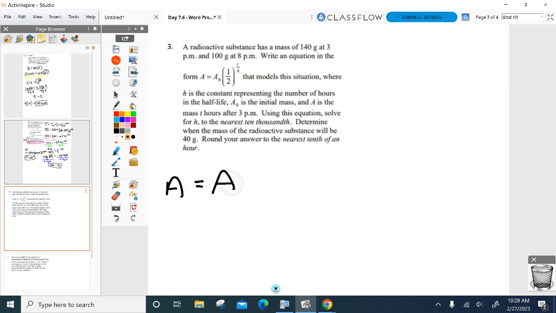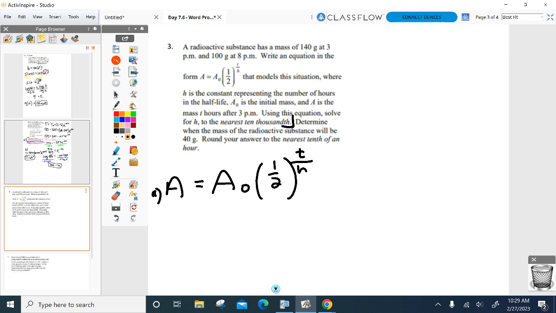A equals A0 times (1/2) to the T over H. So it looks like A0 there is the initial mass and A is the mass T hours after 3. All right, help me use this equation to solve for h. And then we're going to do something different with it here.